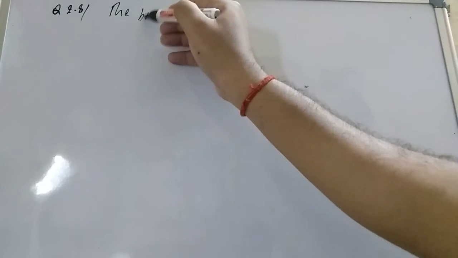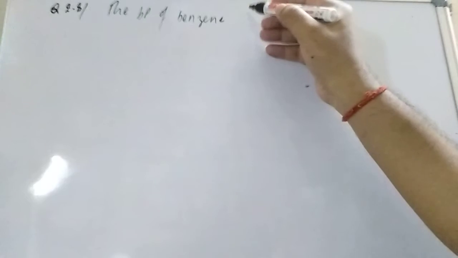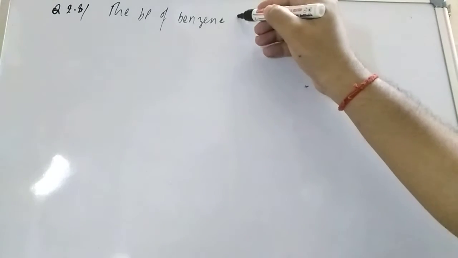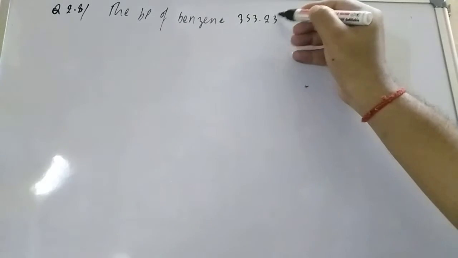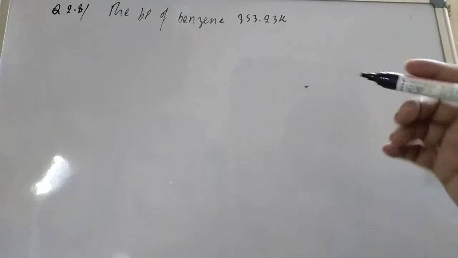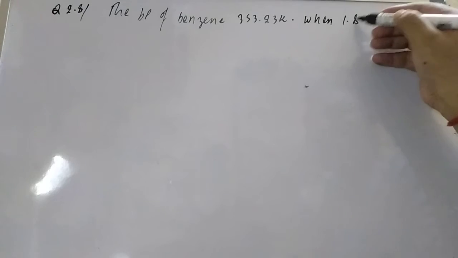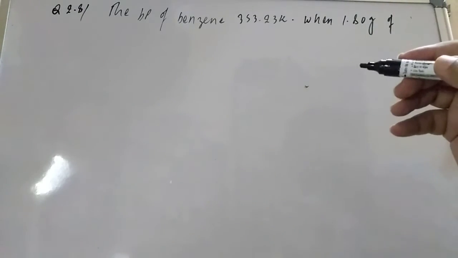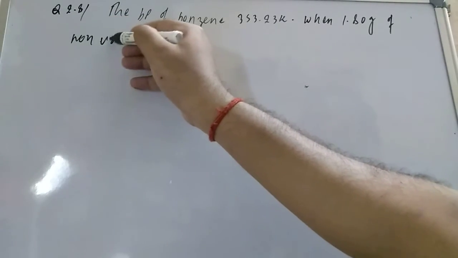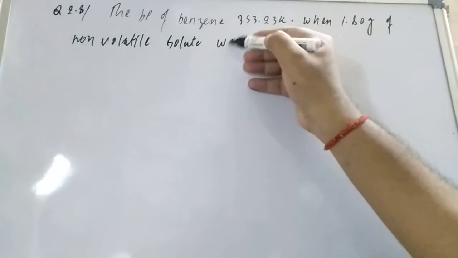The boiling point (BP) of benzene is given as 353.23 Kelvin when 1.80 gram of a non-volatile solute was dissolved.